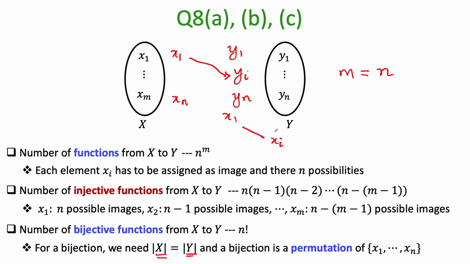Even though the mapping of x1 is yi, I can interpret in my mind yi to be the same as xi, and as a result, if I do this logical mapping, I can interpret a bijection from the x set to the y set as nothing but a permutation of x1 to xn. And how many permutations can I have for n elements? I can have n factorial permutations. So that will be the number of bijective functions from the set x to the set y.